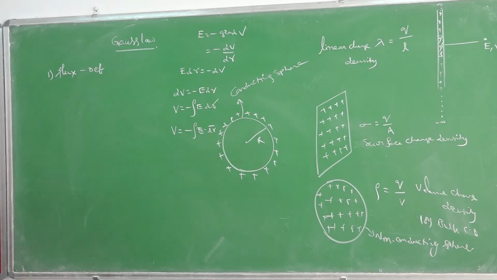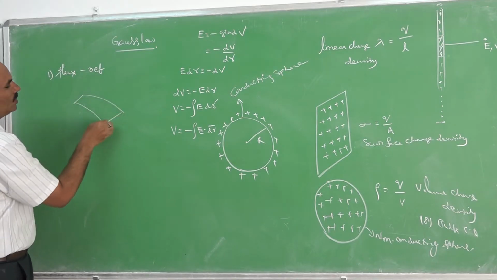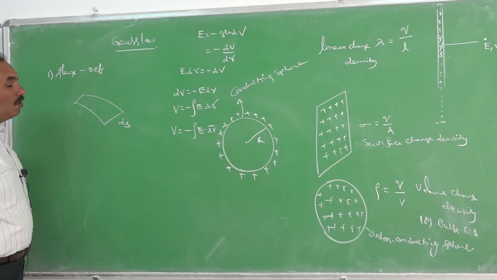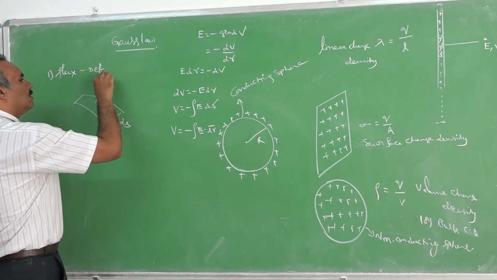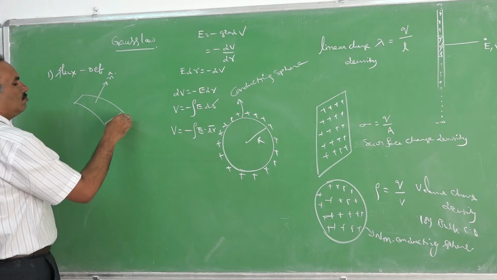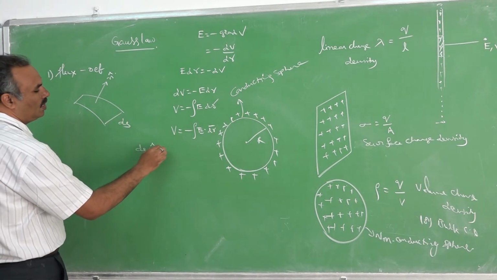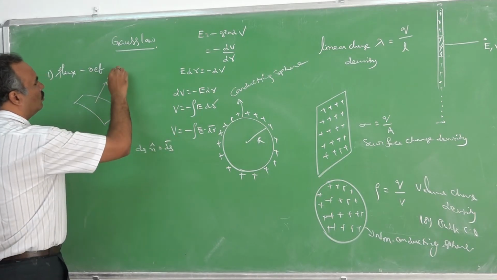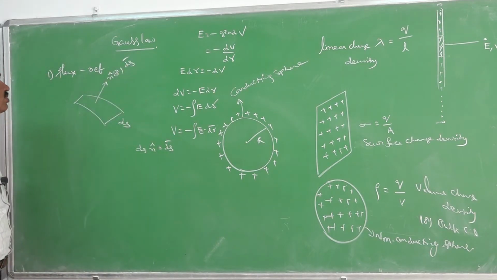The definition of flux is given like this. Whenever there is a surface, let the surface area be ds, a very small surface. So it will have some normal like this. So you can take this area as a vector ds into n cap, ds bar. So ds bar will have the direction along the normal to the surface.